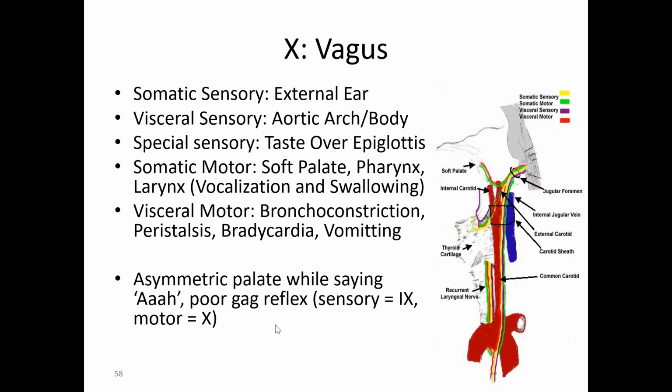Special sensory is for taste over the epiglottis, and its motor branches go to the soft palate, pharynx, and larynx, associated with functions of vocalization and swallowing. Its visceral motor branches are involved with bronchoconstriction, peristalsis, bradycardia, and vomiting, as part of the autonomic nervous system.